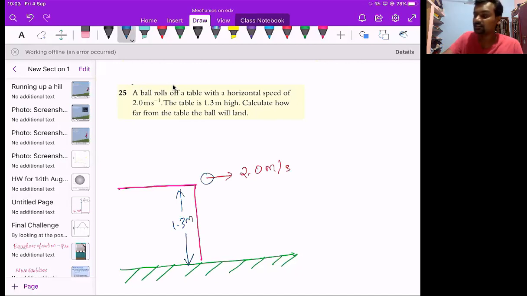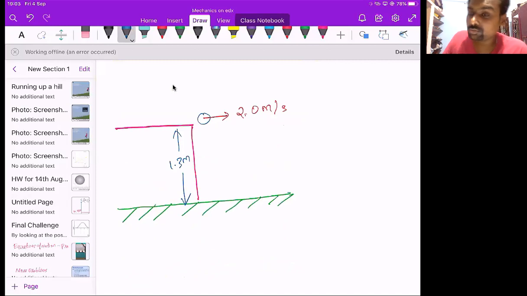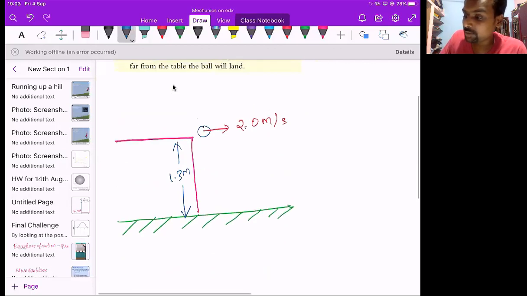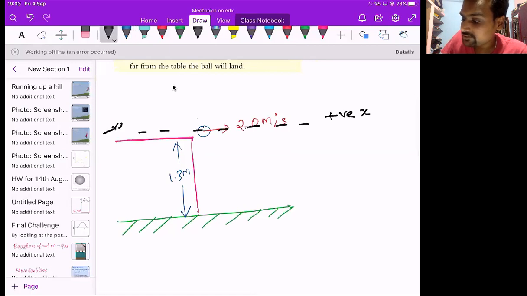Okay, excellent. Now what I'm going to do is also define the axes here. Please remember, it's equally important to define the axes before we even solve the problem. So I'm going to make this the x-axis, this being positive x, this being negative x, right?